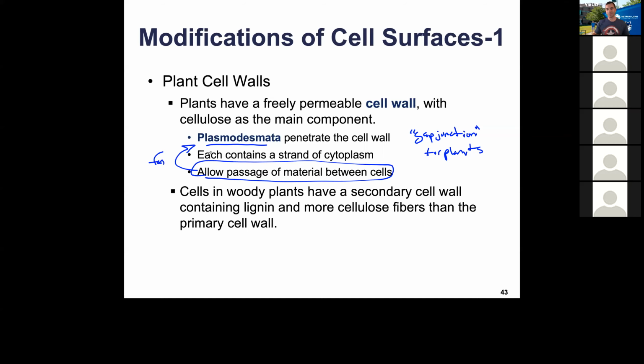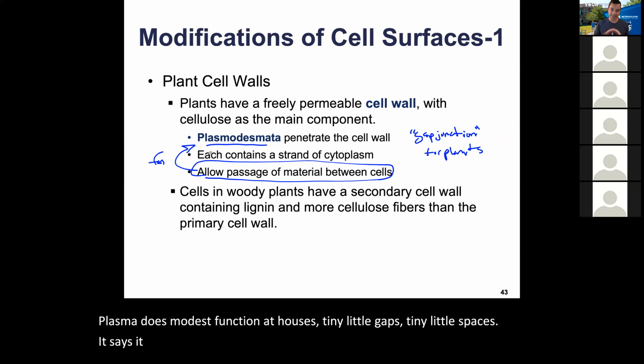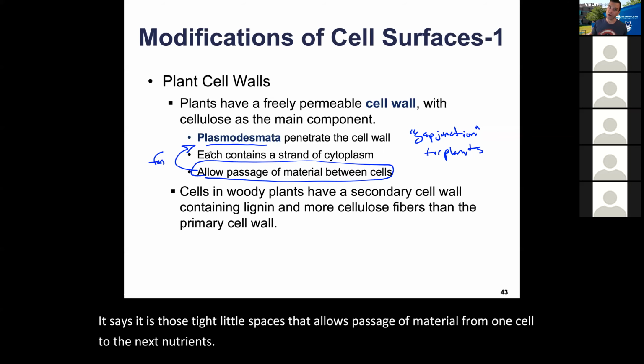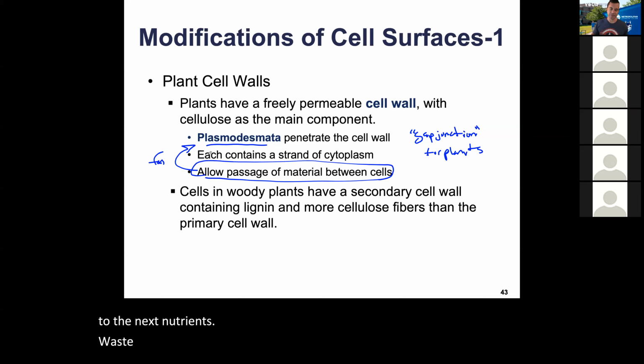Plasmodesmata's function: it houses tiny little gaps, tiny little spaces. It is those tiny little spaces that allow passage of material from one cell to the next. Nutrients, water, waste products, all that fun stuff. These cells can share with each other.